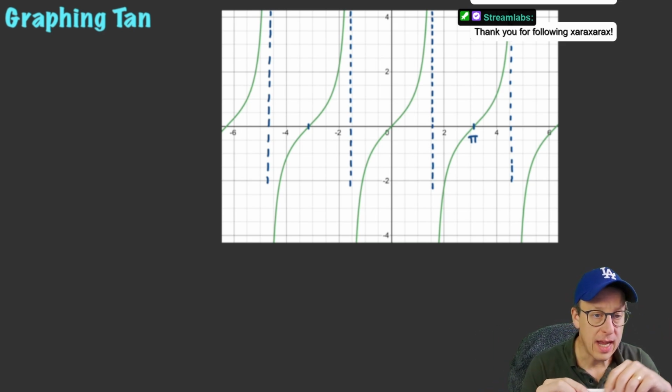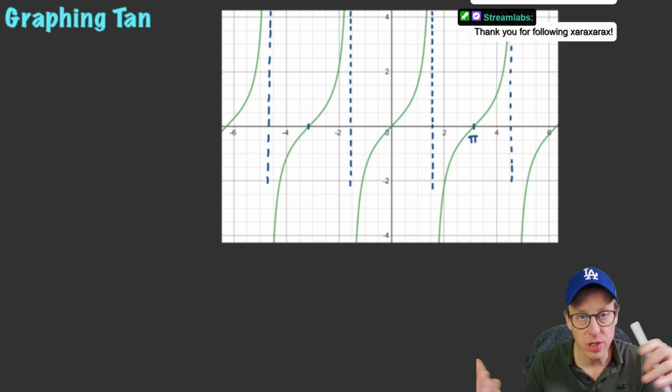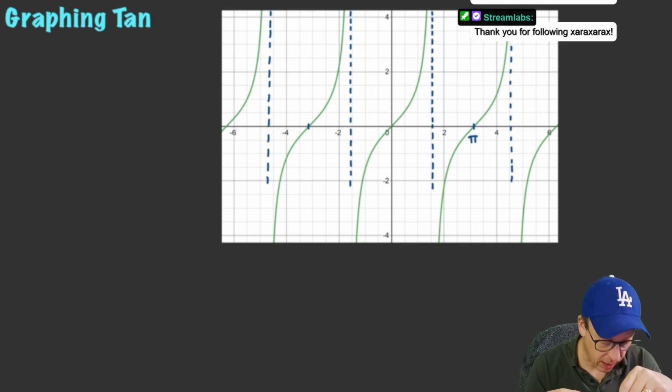and its graph is going to contain asymptotes, which are just values that are approached but of course never touched.